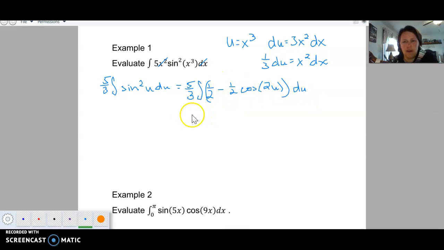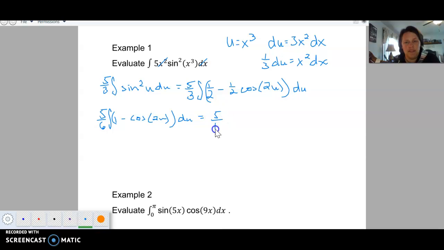Okay, I'm going to factor out a 1/2 from there. And so now I'm going to have 5/6 times the integral of 1 minus cosine of 2u. So that's great. That gets me way down to a very simple equation to integrate.